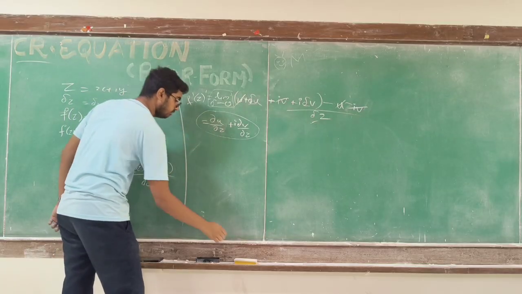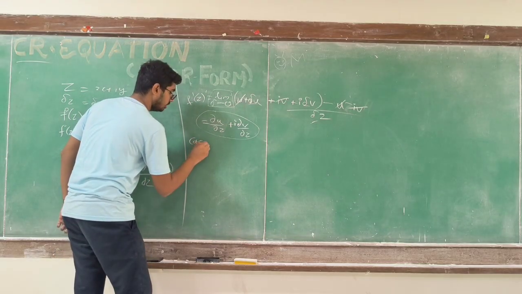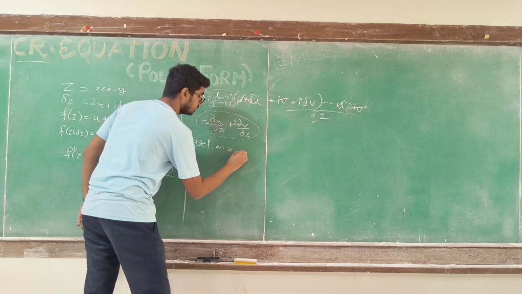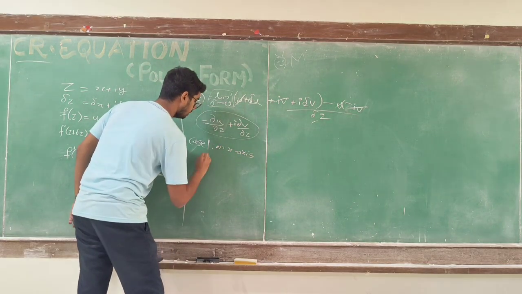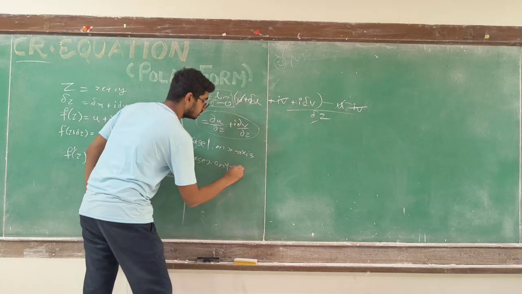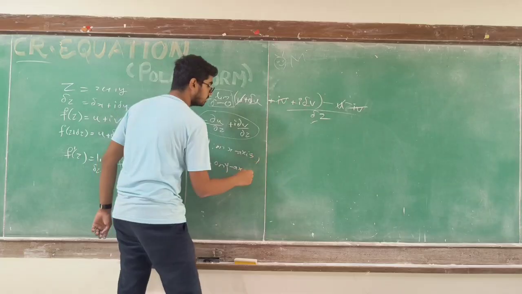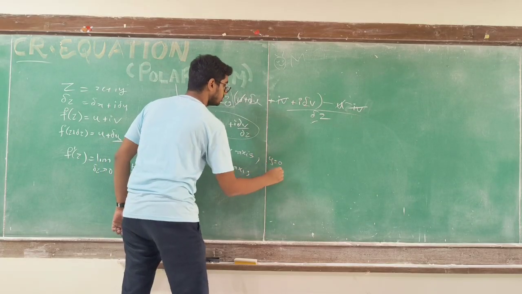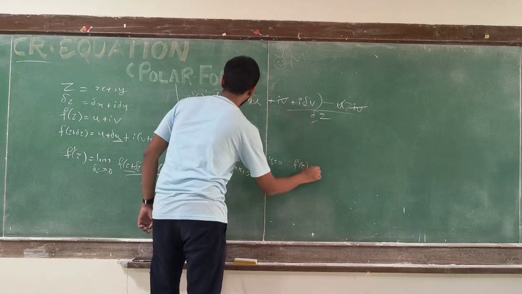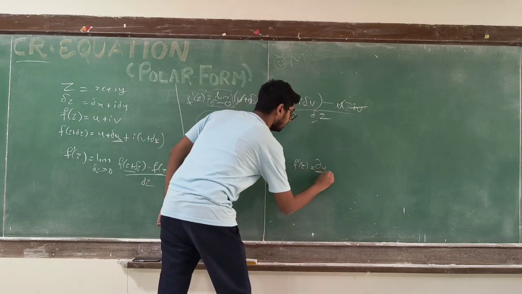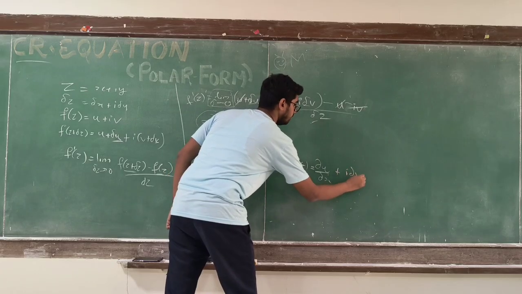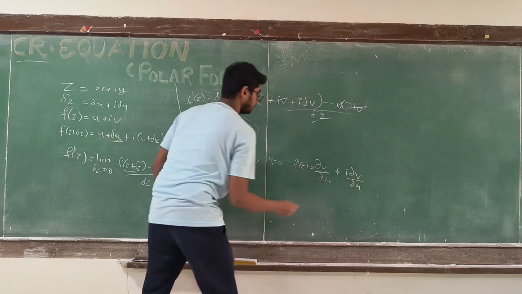Okay, now let's say we have two cases. Case 1 on the x-axis and case 2 on the y-axis. So we all know that on the x-axis y is equal to 0. Therefore f dash z is equal to del u by del x plus i del v by del x.